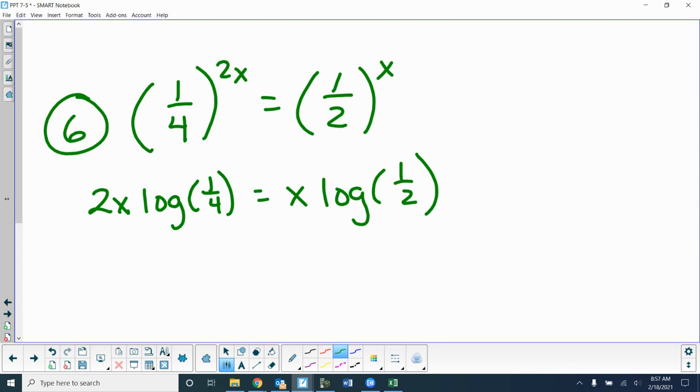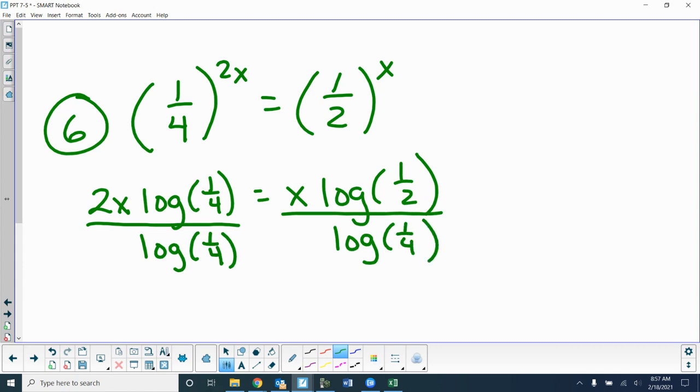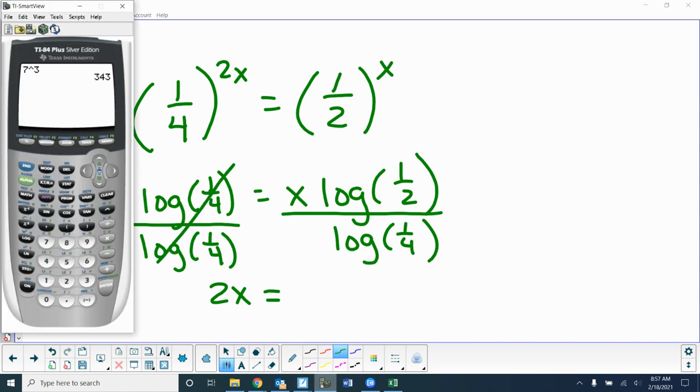Just taking the log of both sides, and again, we're moving that exponent in front of our log, our power property of logarithms. Okay? Divide by log of 1/4 to get it to the other side of the equation. So all I got on the left then is 2x, because those will cancel. So log 1/2, remember to close it off, divided by log 1/4. Close it off. That's 0.5.